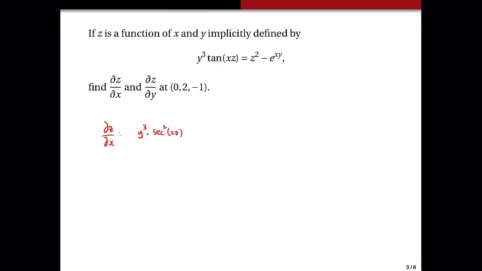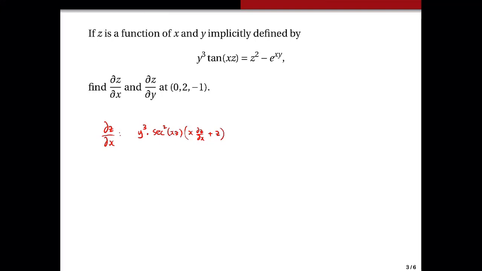But since we are differentiating with respect to x, and x and z are both variables, when we apply chain rule, we have to do product rule for this guy here. So product rule, we have x times partial z with respect to x plus derivative of x with respect to x, that's just 1. So this is just plus z.